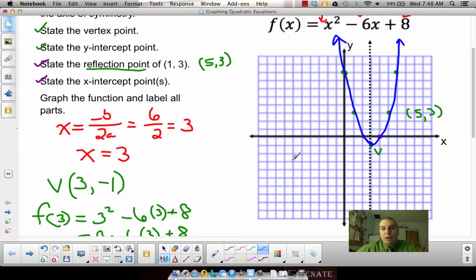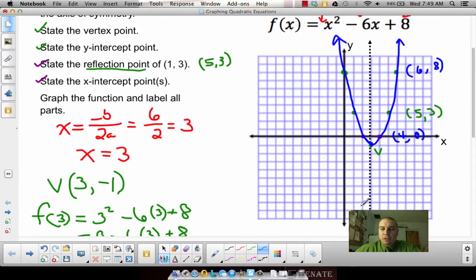Now I've got to label parts. It's a little difficult for me to label right here, but you would label this point right here. We know that this point is (4, 0). We already said what the vertex point was, and that's why that's there. And then we just go ahead and label those.